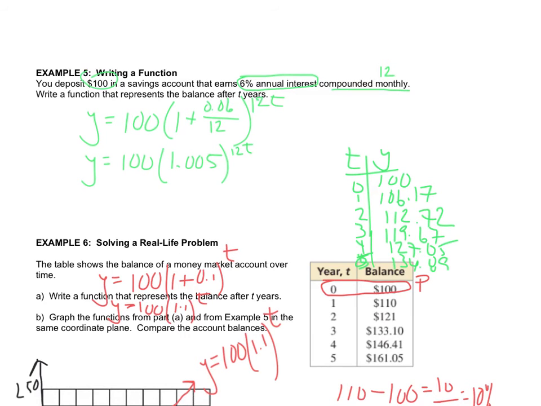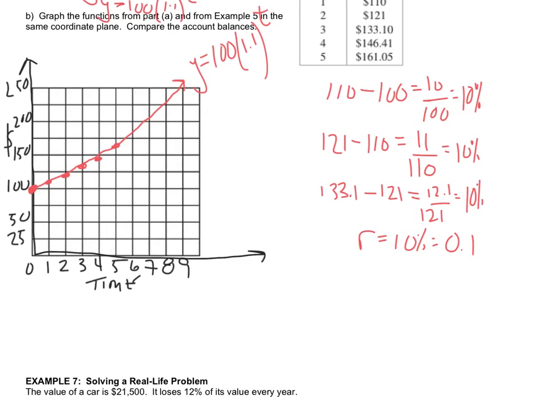So now we have our table. Once I have the table, I can come back to my graph and plot these points. So 0, 100, we're starting at the same number. Then 106, which is a little bit below, but not by much. Then 112, still a little bit below. 119, still a little bit below. 127, now getting further away.